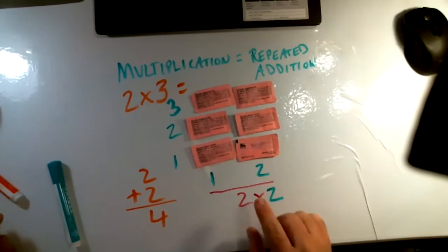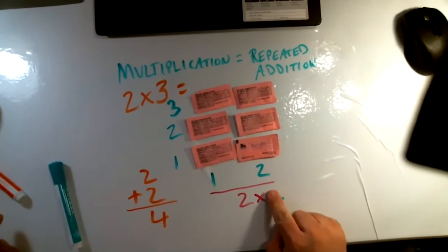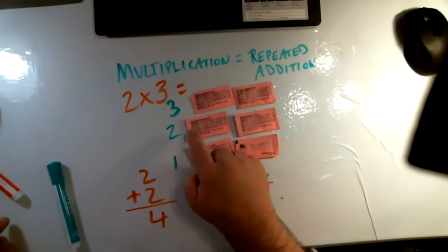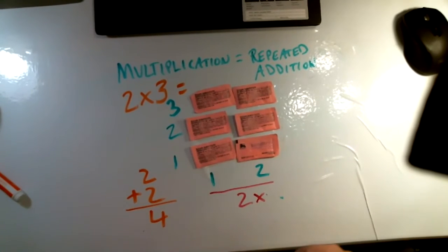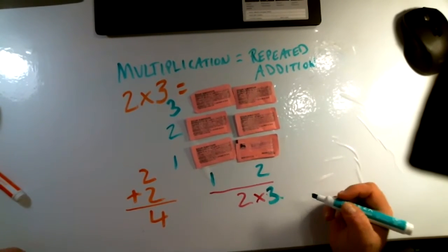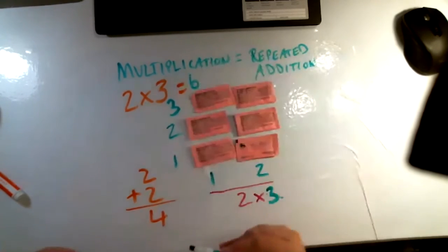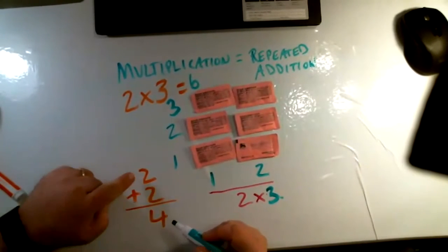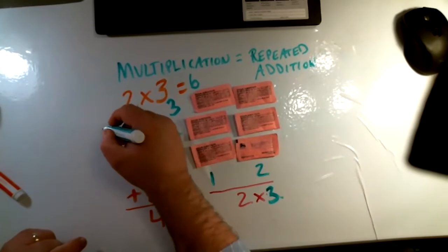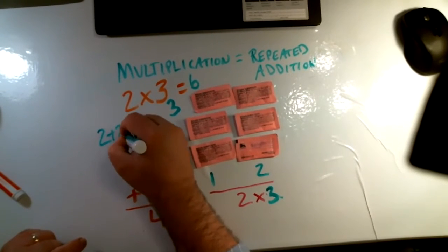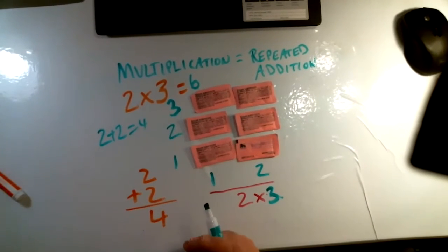So again, now I have 2 times how many rows? 1, 2, 3. And I said that 2 times 3 equals 6. And that's still, again, 2 plus 2 equaled 4, right?